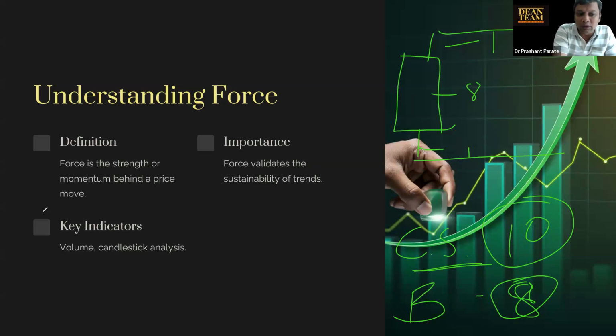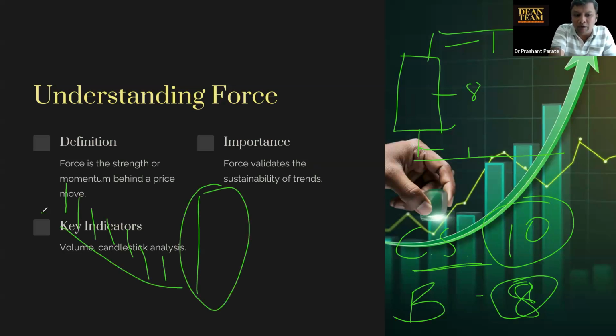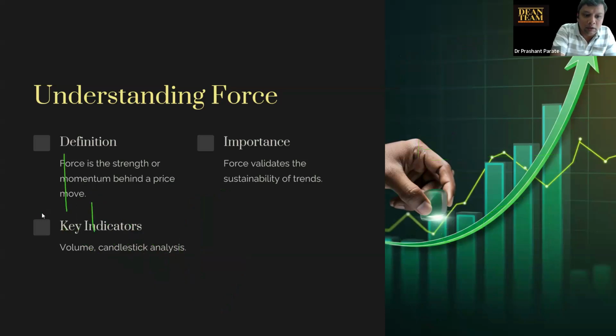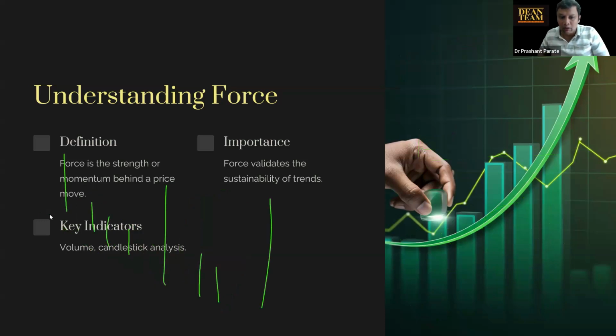Now suppose there is this kind of move and there is this kind of move. So is this candle larger than the average of the last 10 candles? Yes, we can very easily see that. Now suppose there are this type of candles and there is this candle.